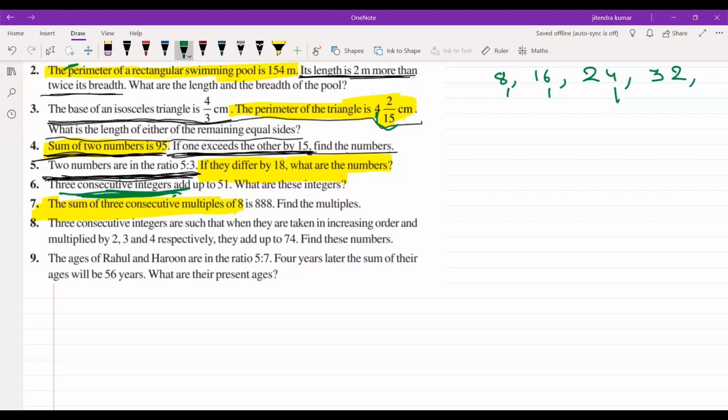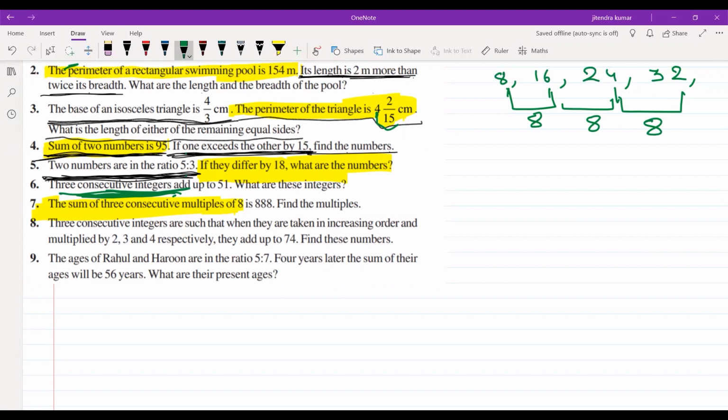You will see how we can consider this: the difference between any 2 of them is always 8, right? So if there are consecutive multiples of 8, the difference between every 2 will be 8.